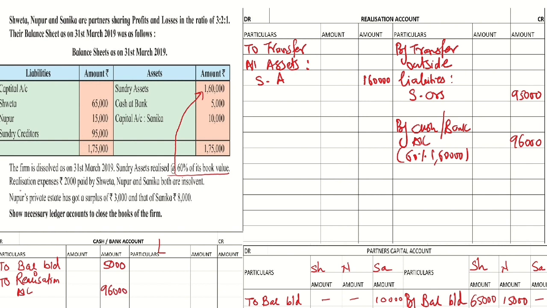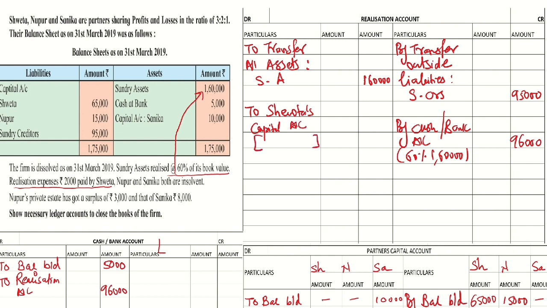Second adjustment: realization expenses 2,000 paid by Sweta. Now these expenses paid by Sweta mean that a partner is paying realization expenses on behalf of the firm. So realization debit side, to Sweta's capital account.